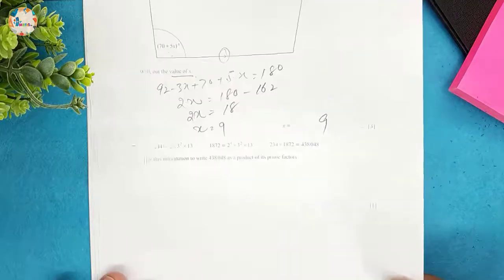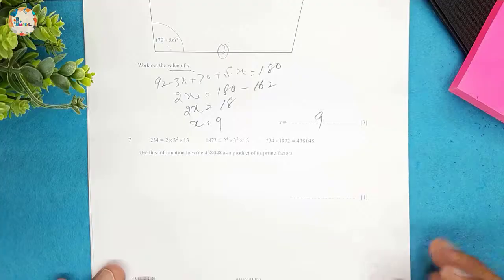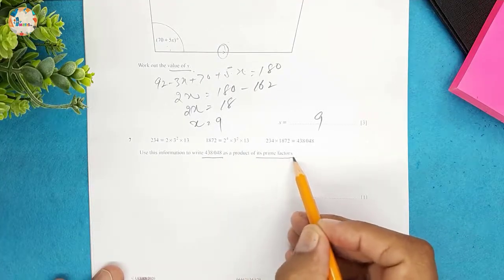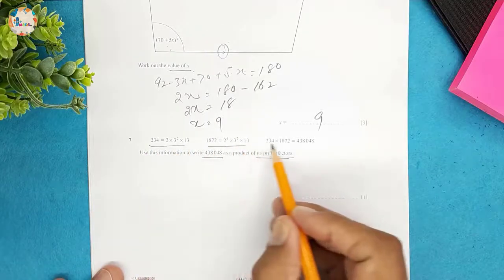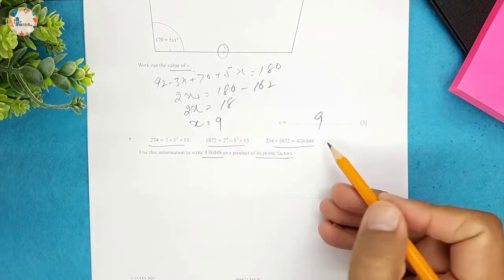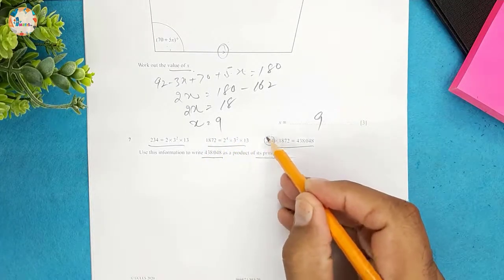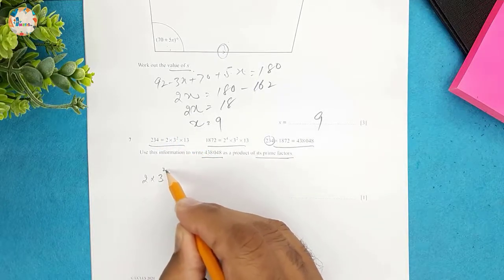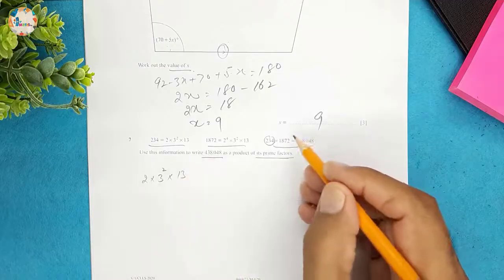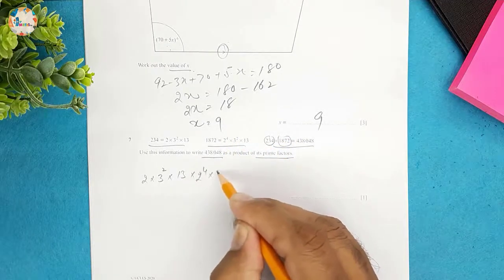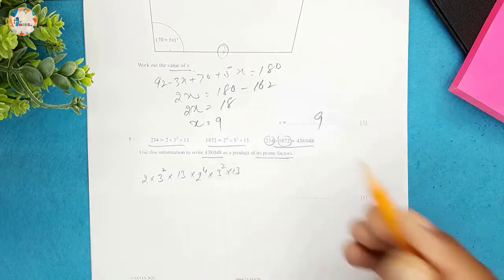Hopefully you got this. Then, using this information, write this as a product of prime factors. So they have given this detail, we have to write this as prime factors. So we can use these two numbers, basically 2, 3, 4, we can write it 2 into 3 squared into 13, and for this one we can write 2 raised to power 4 into 3 raised to power 2 into 13.